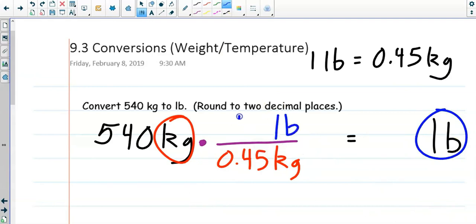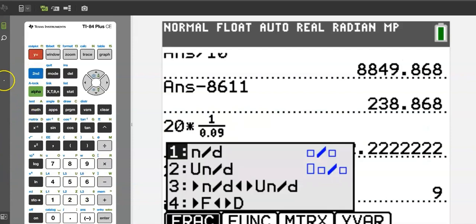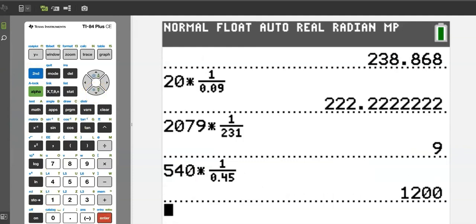So all we have to do is multiply. We're going to take 540 times 1 over 0.45. And there we go.